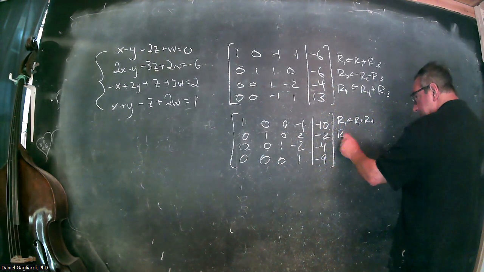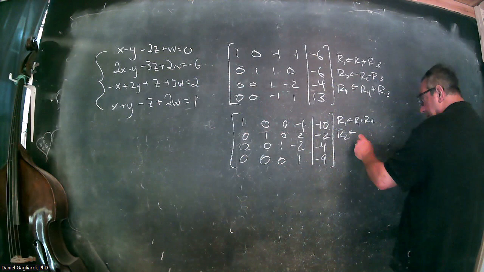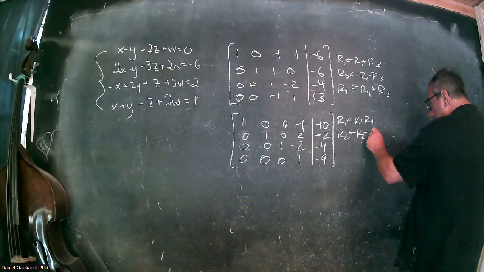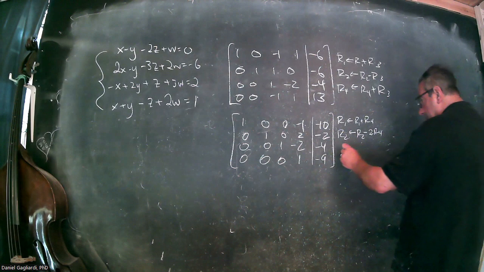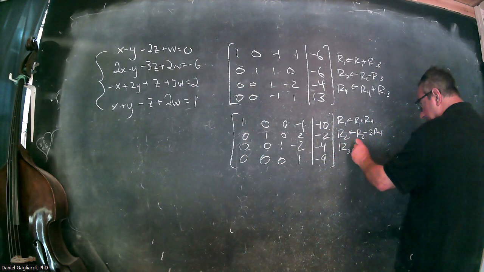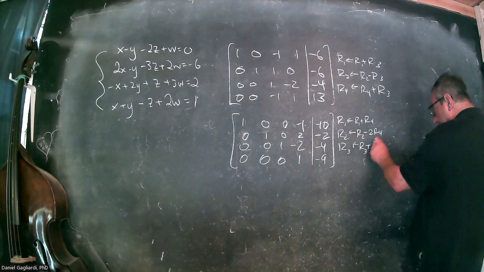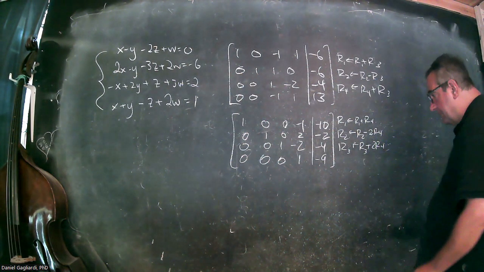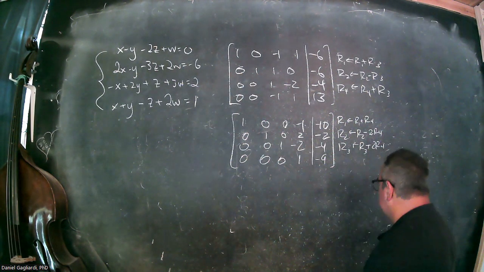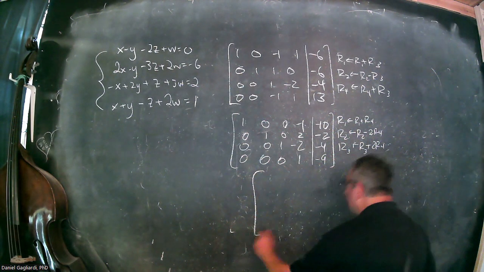Row 2 is going to get replaced by row 2 minus 2 row 4s. And row 3 is going to get replaced by row 3 plus 2 row 4s. Okay, let's see what we yield. This should be the final step in reduced row echelon form.